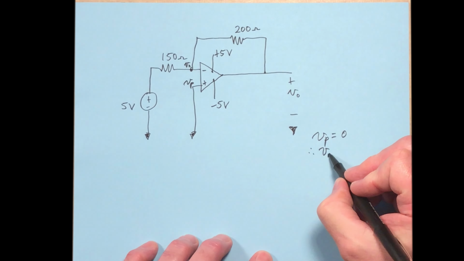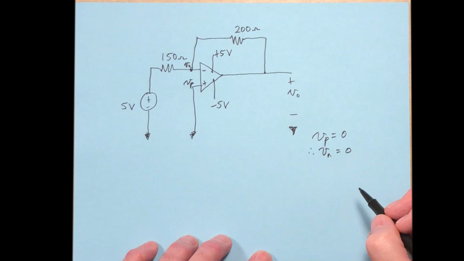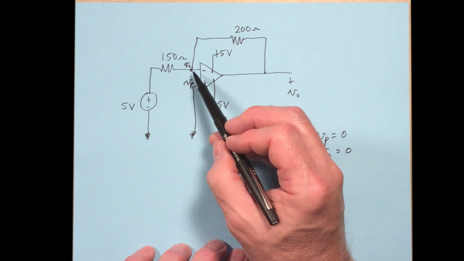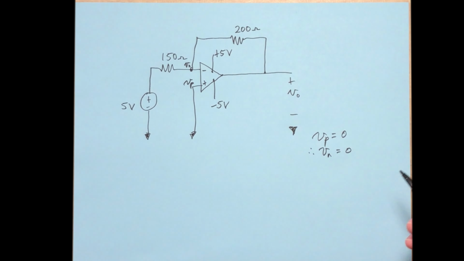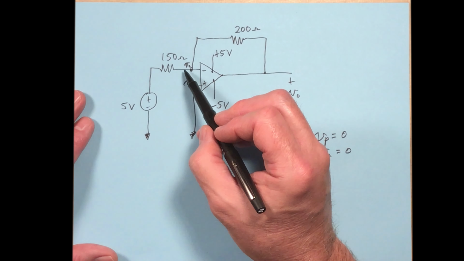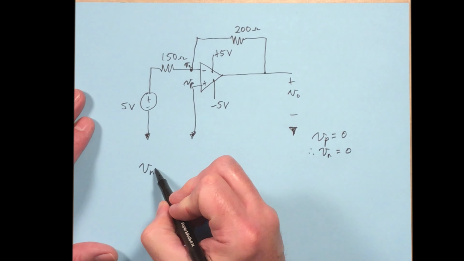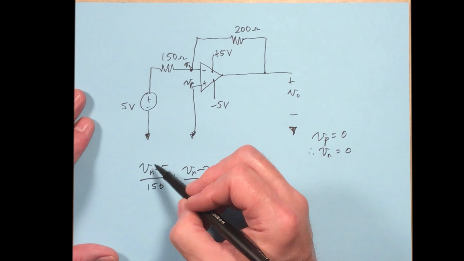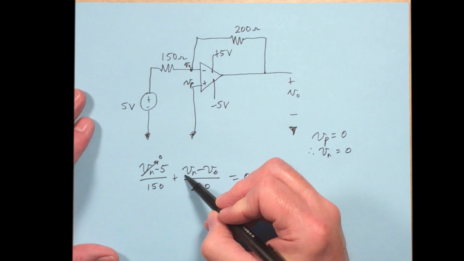Therefore, Vn also equals 0. Then, that's the first step. Figure out VP or Vn, applying those ideal op-amp constraints. Next thing is we can write a node voltage equation for this one right here. There. Now, because Vn is 0, we can go ahead and turn these to zeros.